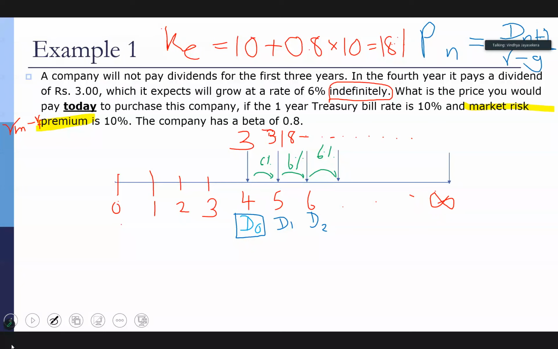You understand that? Because P naught is equal to D1 divided by R minus G. For any year, I can do the same thing and say that the price of the share at any point in time is equal to next year's dividend divided by R minus G. Okay. So that's what I'm going to do.